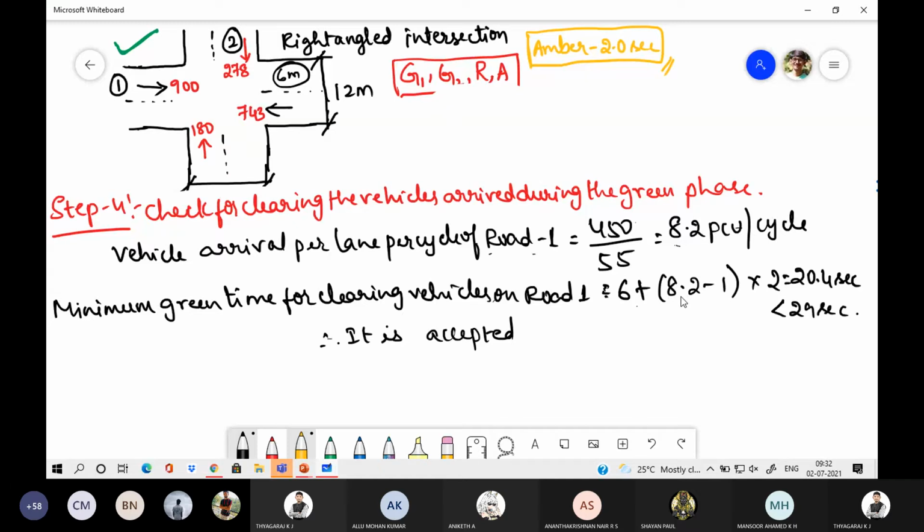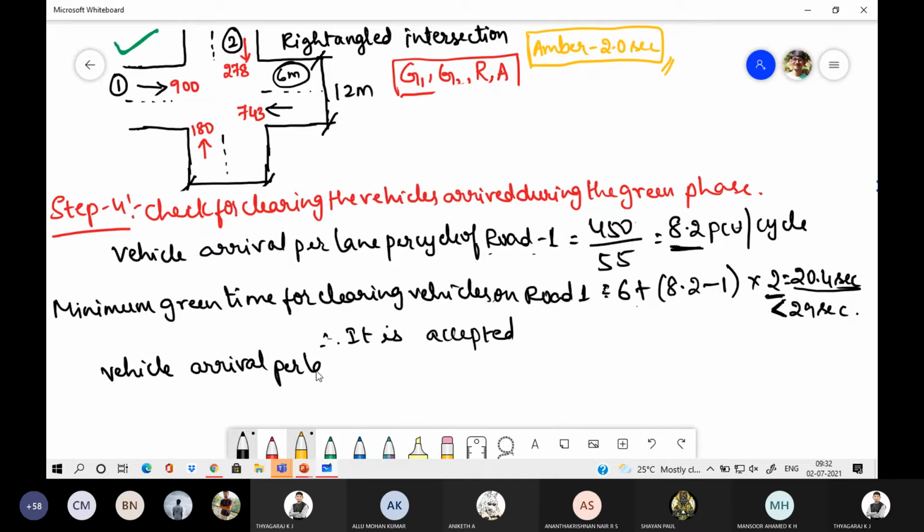So 6 plus 8.2, that is the vehicle arrival, minus 1 into 2. Why? Because there will be two-way movement of traffic. That's why we are going to consider 2. So we are going to get 20.4 seconds, and we have got the green time as 29 seconds. That's why it is less than 29 seconds. Therefore, it is accepted.